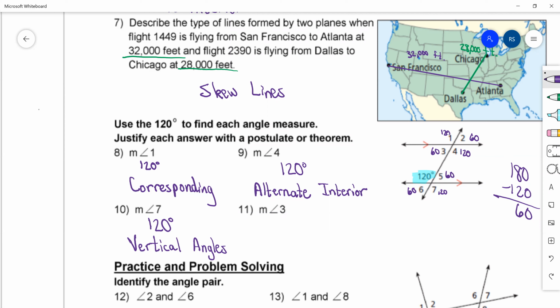And last but not least, angle 3. What did we say that one was? 60 degrees. What relationship does it have with the 120 though? They're on the same side. Interior.